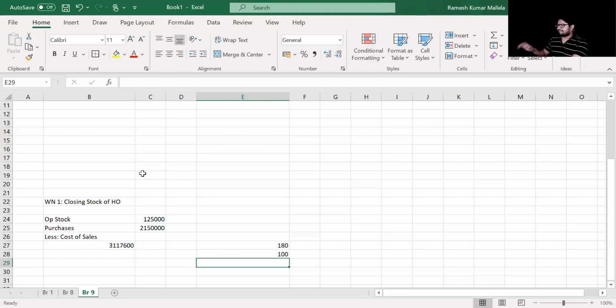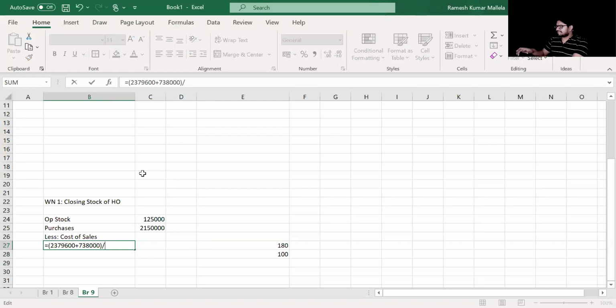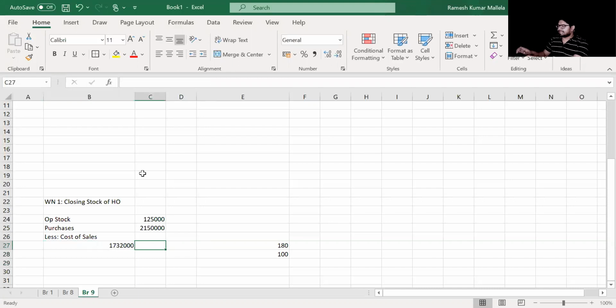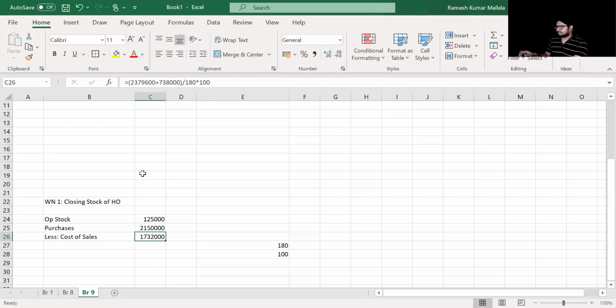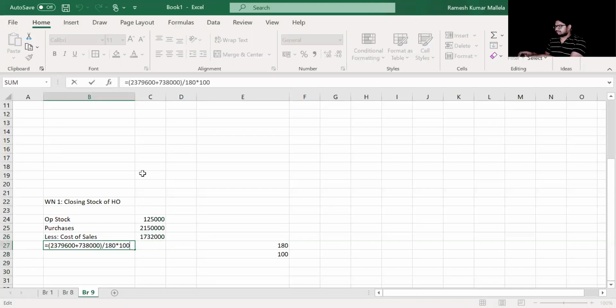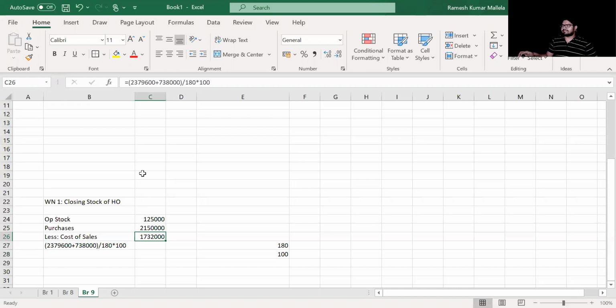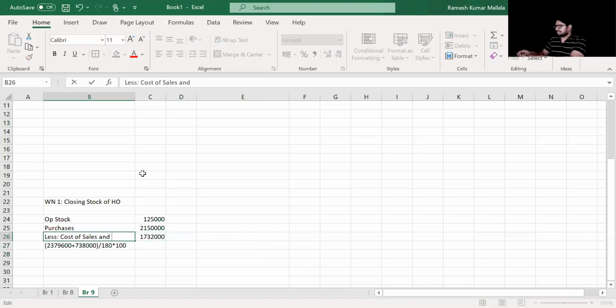I want 100 out of this. Okay. So what would I do? I will be dividing this by 180 and multiplying by 100. So then I get the value of my stock. Okay. So this is how we did it. So 17,32,000 is the cost of my sales, cost of my sales along with transfers. Cost of sales and the transfers.